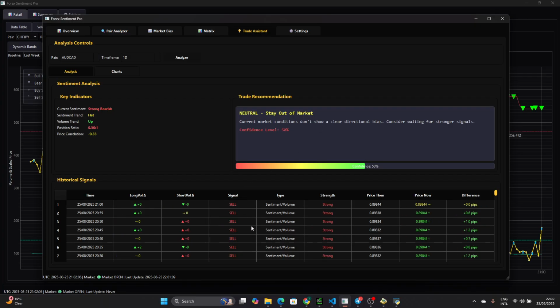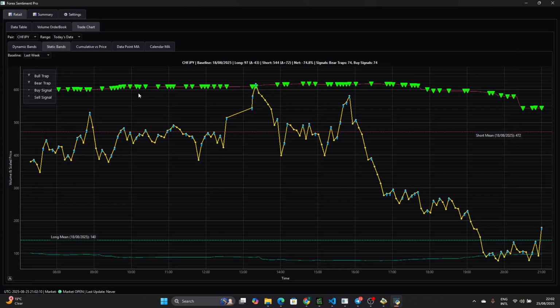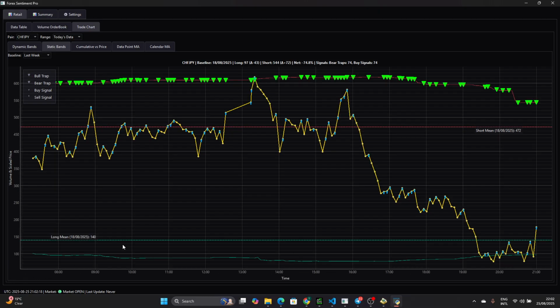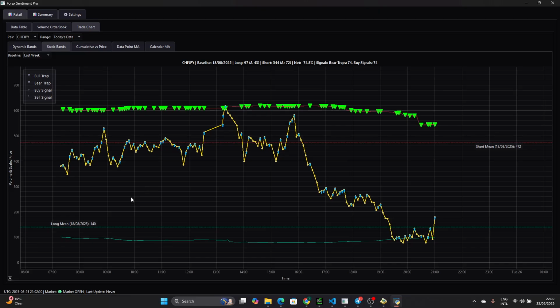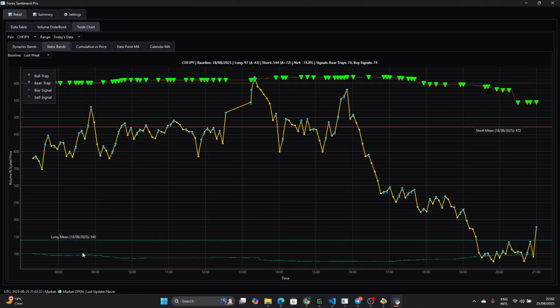Basically, in this version, I converted the trade assistant to do all the work in the background and then return the trade signals. Again, you are not going to follow the trade signals blindly, because the trade signals can be used both ways.